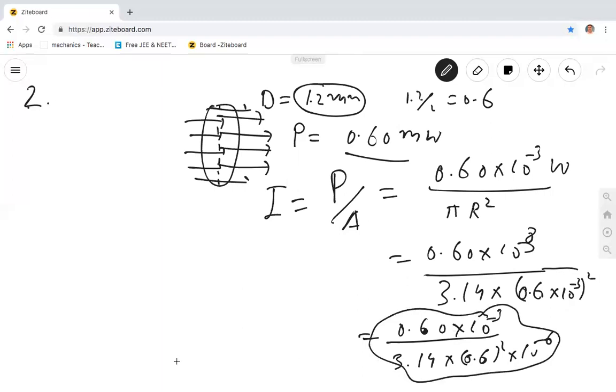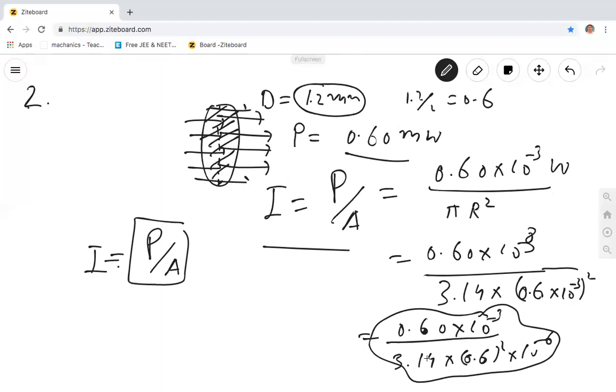Intensity is nothing but power per unit area. How much power is there for a unit area? That is the energy passing through this area per unit. You just calculate this. I want to see the answer. How much is the answer?